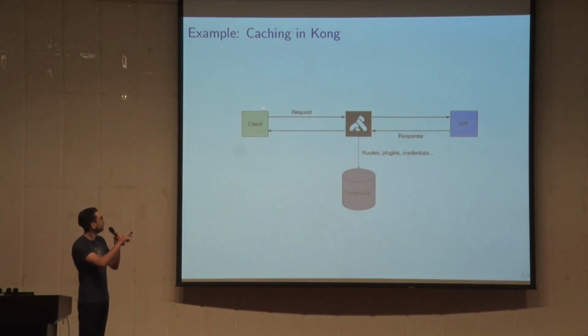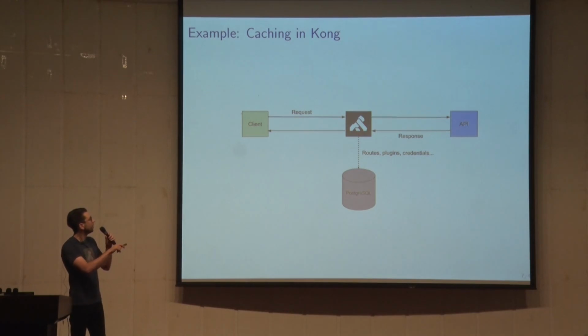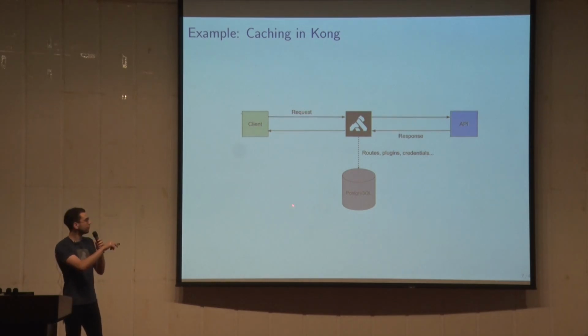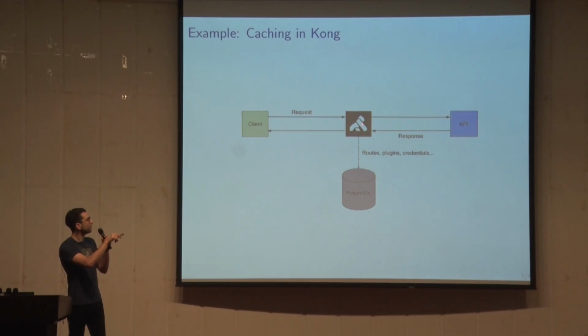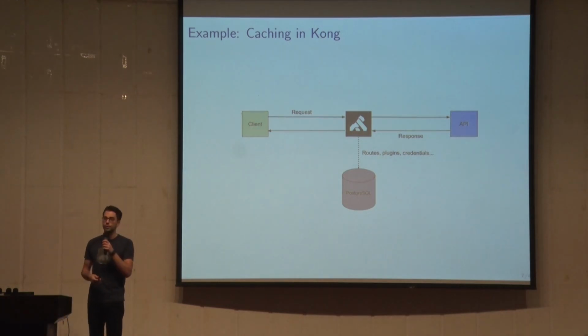A request comes in from the client. What Kong does is act on the values of that request, and it needs to retrieve configuration values from the database. So this here is what we want to cache. Whenever Kong gets, for example, the routes and the plugins from the database, it can then act on those plugins and decide where this request should be forwarded to and what plugins to apply to it.